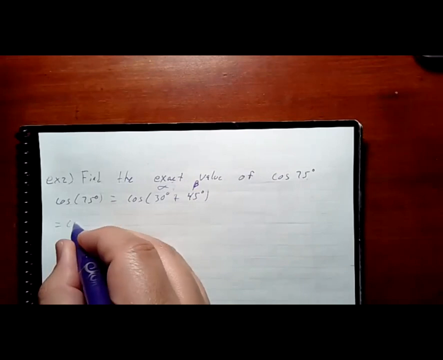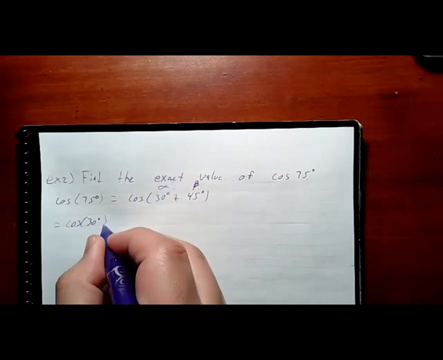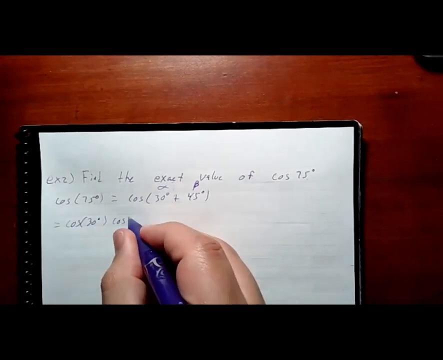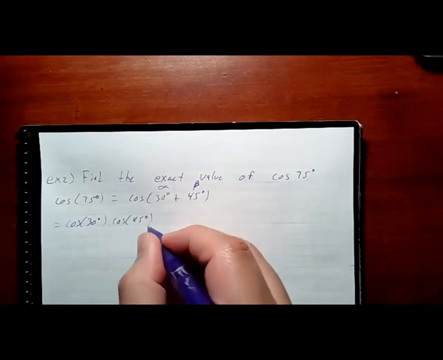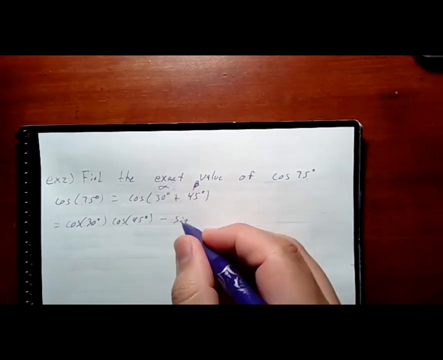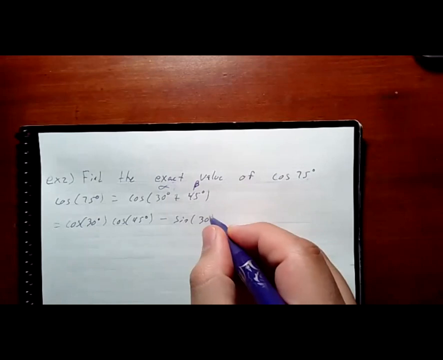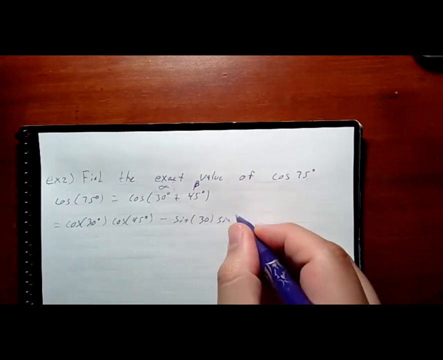It's going to be cosine alpha, cosine beta, minus sine alpha, sine beta.